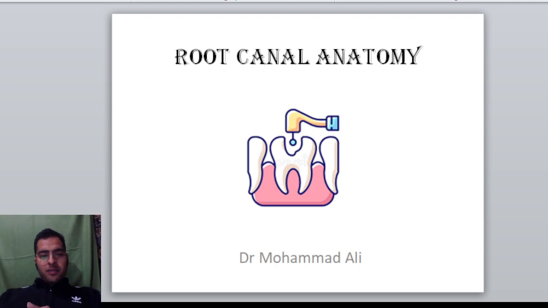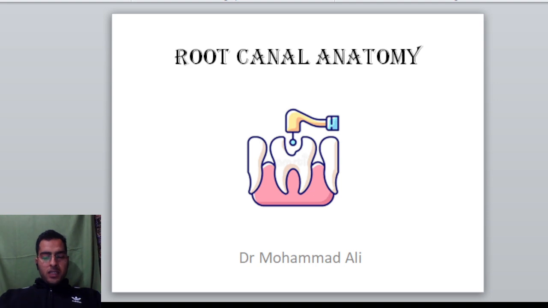But many fresh graduates lack the understanding of the canal system every tooth has. Every tooth in the mouth of a human being is very different. It can have very different types of root canal systems.